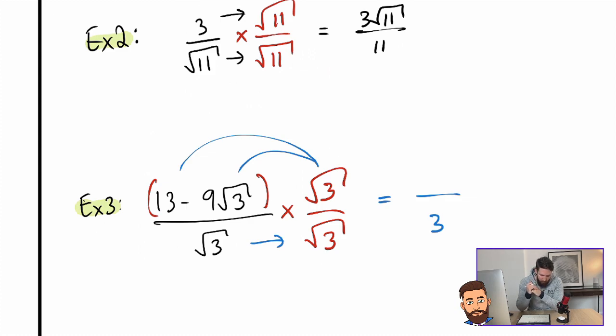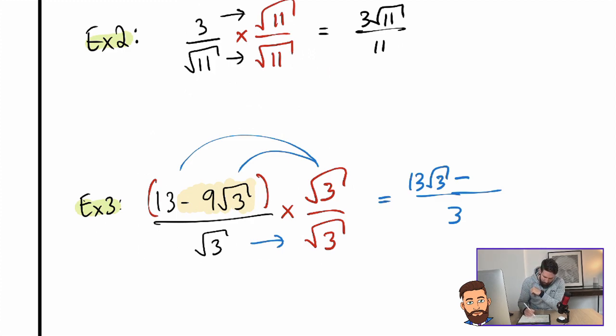If I times the top, we're going to do root 3 times by 13. Well, that just simply gives me 13 root 3. Okay. Now we're going to do root 3 times, remember, it's not 9 root 3, it's minus 9 root 3. So that's a positive and a negative, so I know I'm going to have a negative.